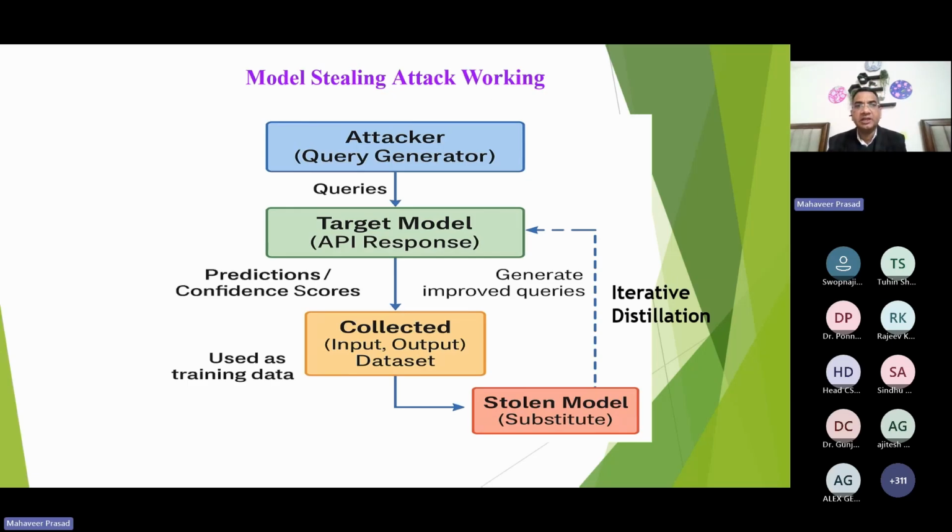You can see in this diagram that the attacker is querying the target model and getting some predictions. Then it collects the pairs of input and output, and trains its own model. Iteratively, it can train its model continuously. Basically, this is for refinement. This procedure is sometimes called model distillation.